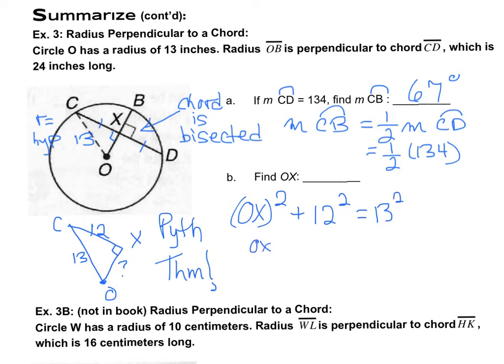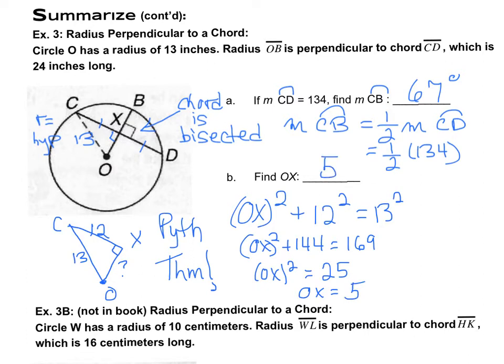So OX squared plus the 144 has to equal 169. And then I have OX squared is going to equal 25. So pretty simple, just do a square root. OX, oops, not 25. OX has to be just 5, you guys.